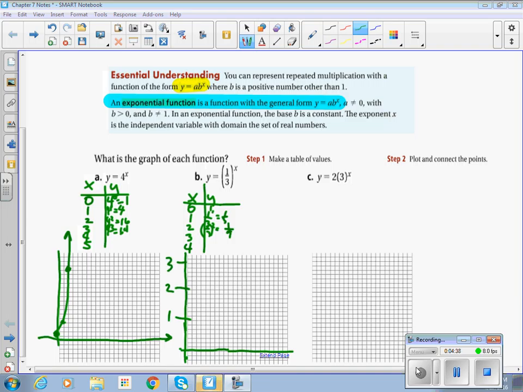So at 0, we're 1. Over 1, we're up 1/3. Over 2, we're up 1/9. Over 3, we're up 1/27. And we just keep getting smaller and smaller from there.